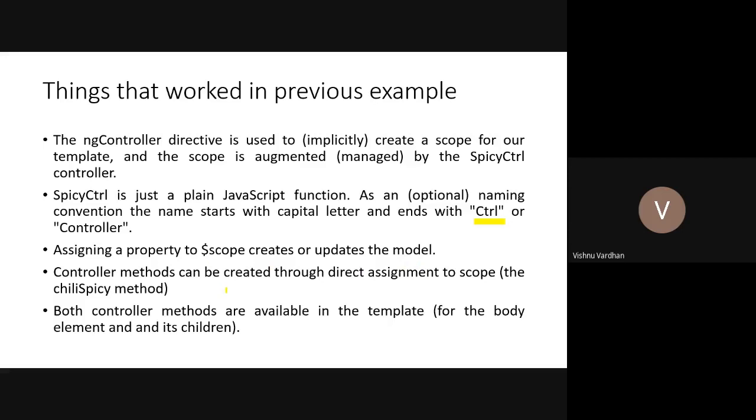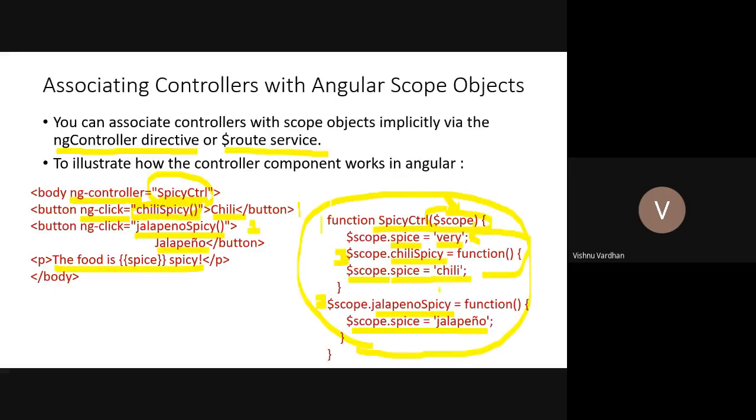So we are attaching one property like spice. This spice is a property which is getting updated with whatever functionality you want to set to that property, and as soon as that functionality is called, it is getting updated instantly.